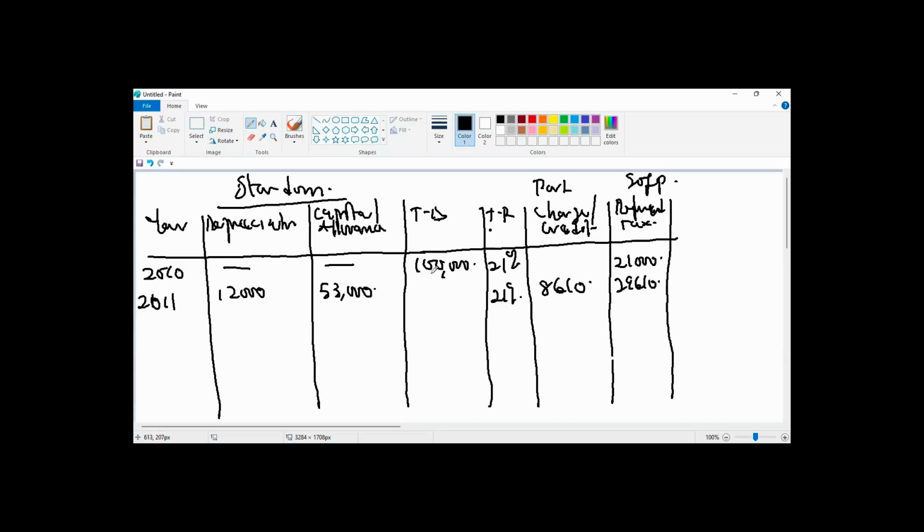Temporary difference brought forward, 100,000. Add the one for this year: 141,000 times 21% gives 29,610. 29,610 minus 21,000 is 8,610.